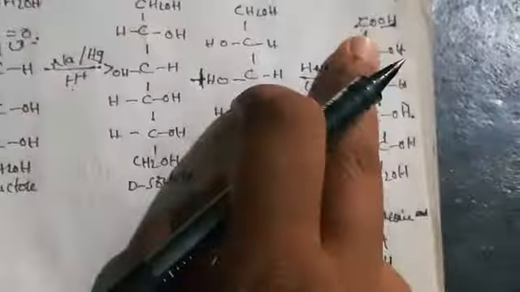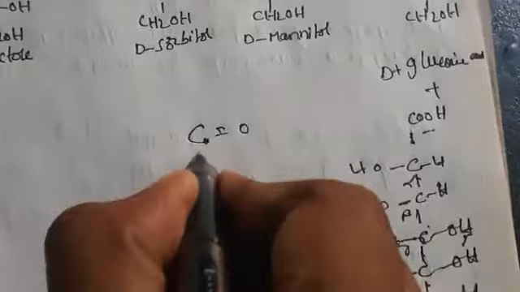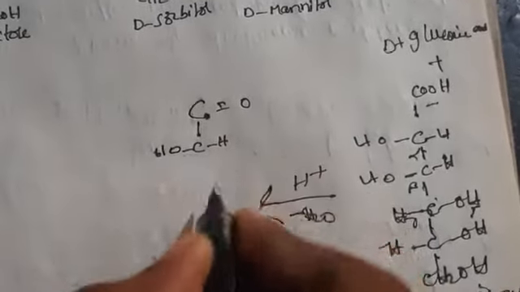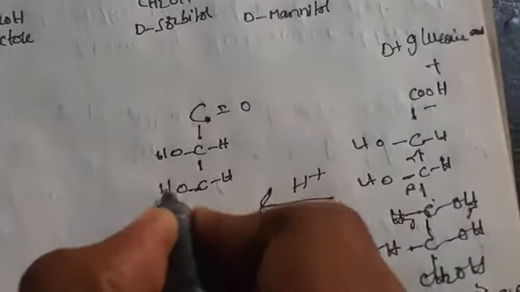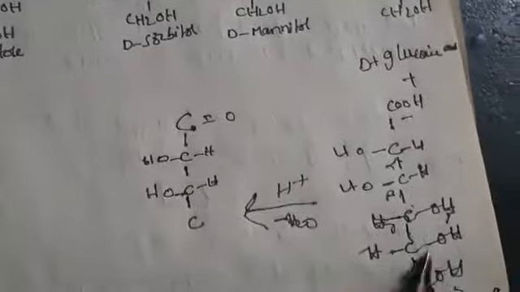So let us see. I am removing the water molecule now here. So you are going to get C double bond O, H, OH, H, OH, C, OH and a gamma lactone.